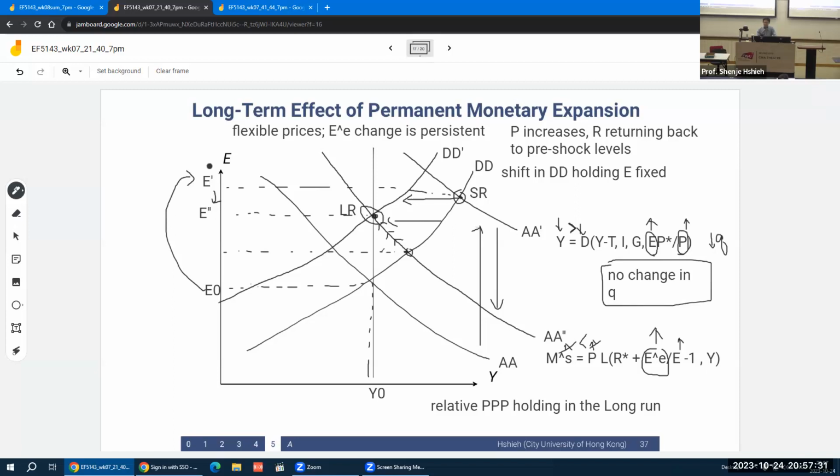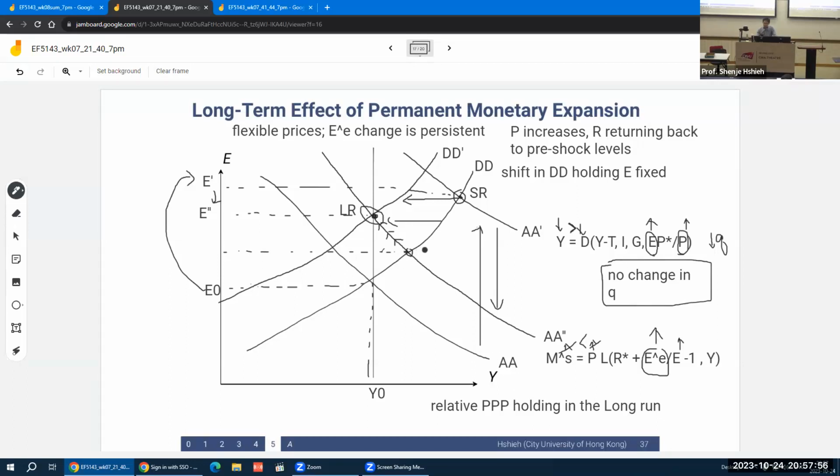And so you get this amplified effect from E naught to E prime. You get this reversion because in the long run, flexible prices means that monetary policy is not effective on interest rates, but because expectations have changed, the UIP equation has changed, and as a result, you must have a different E than before, right? That's as reflected by this AA double prime here.